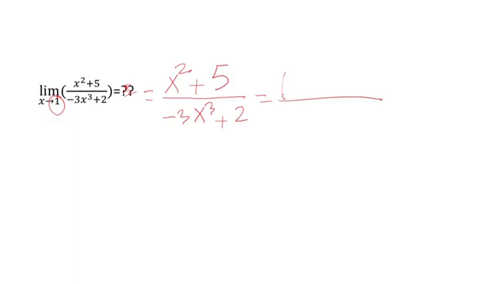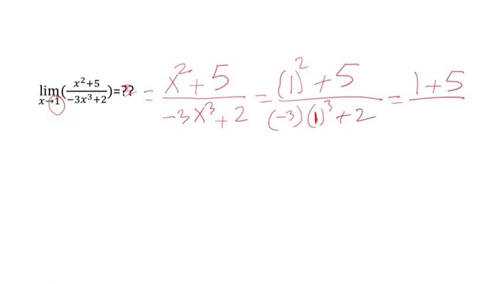So basically 1 squared plus 5. Then I have negative 3 times x cubed, so 1 cubed plus 2. So I have 1 squared is just 1, plus 5.